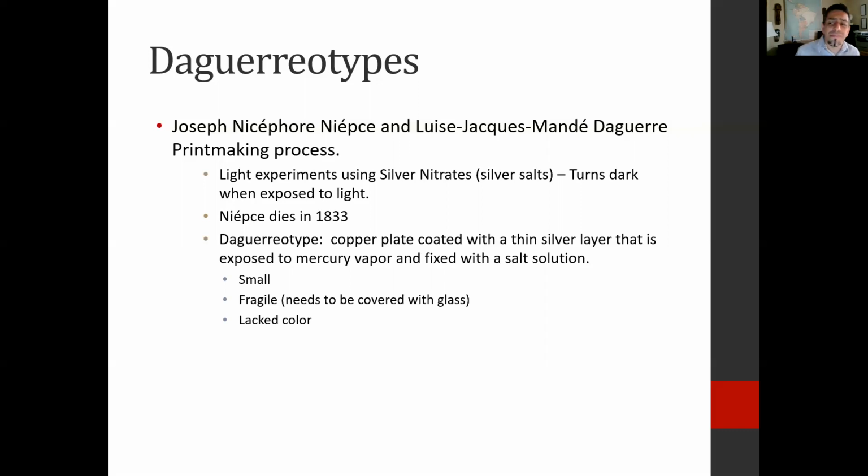The other negative, which for them was kind of annoying in some ways, is that it lacked color. Color was also something that was out of reach at this point. And last but not least, it's difficult to use. Just the process itself is very consuming because of all the parts that have to be done. And then at the end, in order to expose it, you have to know how to expose it properly, etc.